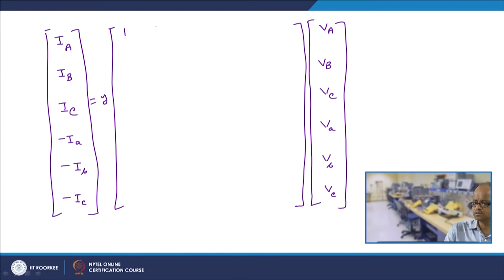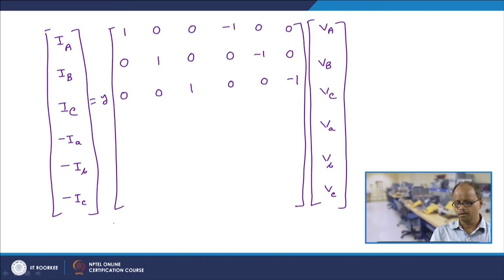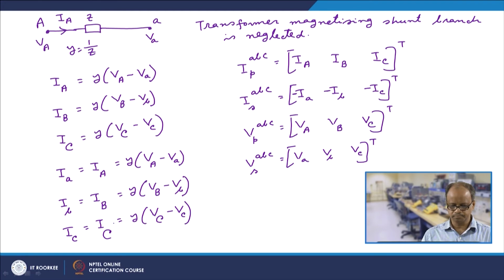So 1, 0, 0, and then minus 1, 0, 0 for IA. For IB, 0 1 0, 0 minus 1 0. For IC, 0 0 1, 0 0 minus 1. What is minus IA?